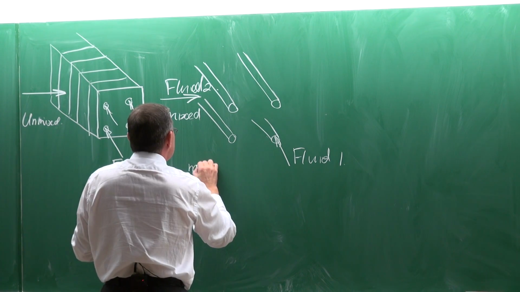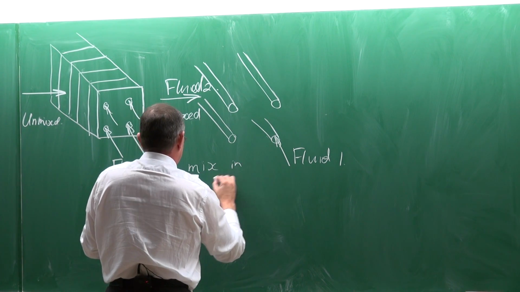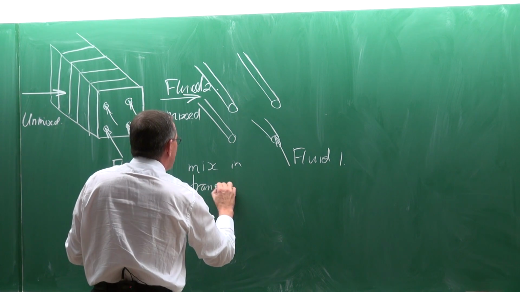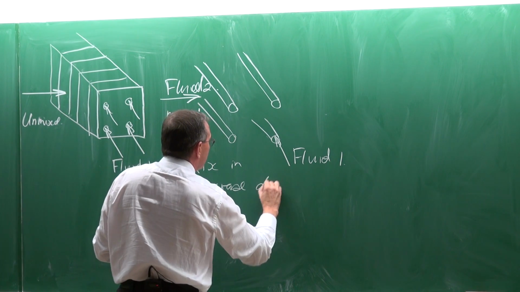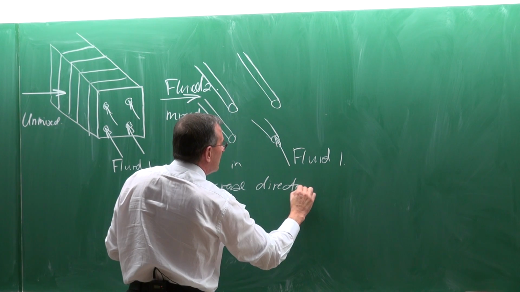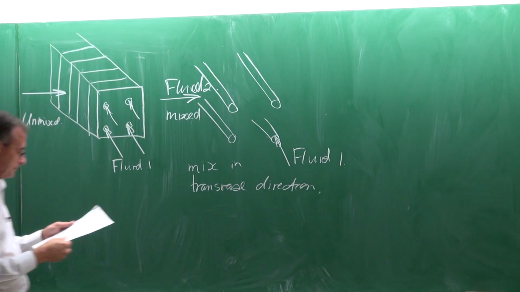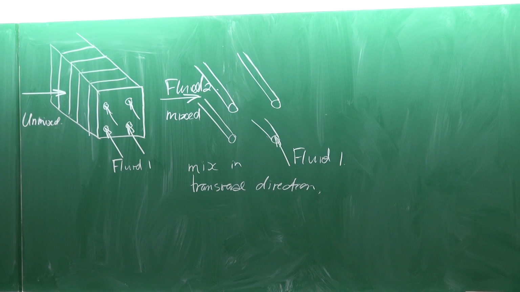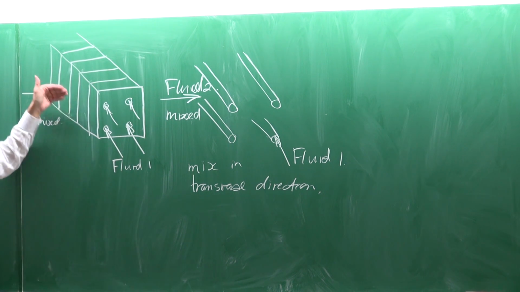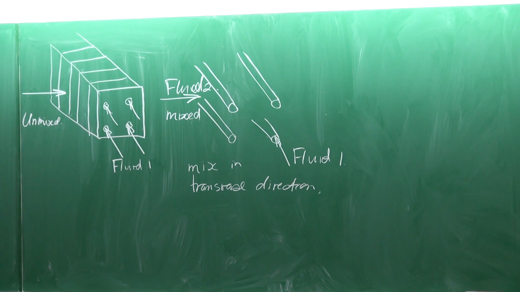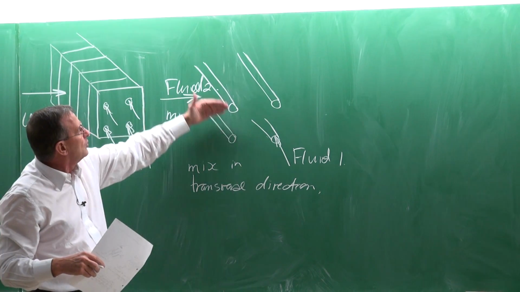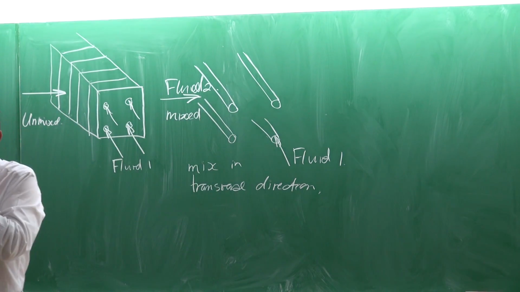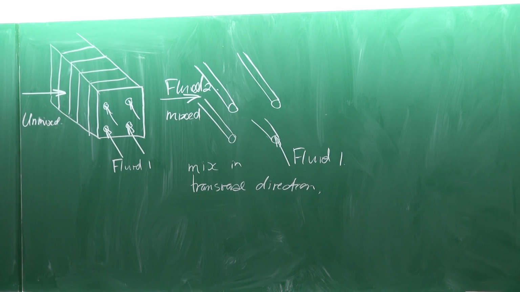Because it mixes in the transverse direction. While in this case, the fluid flow cannot move into a transverse direction. It is being forced to flow along one path. In this case, it can flow a little bit into a transverse direction.